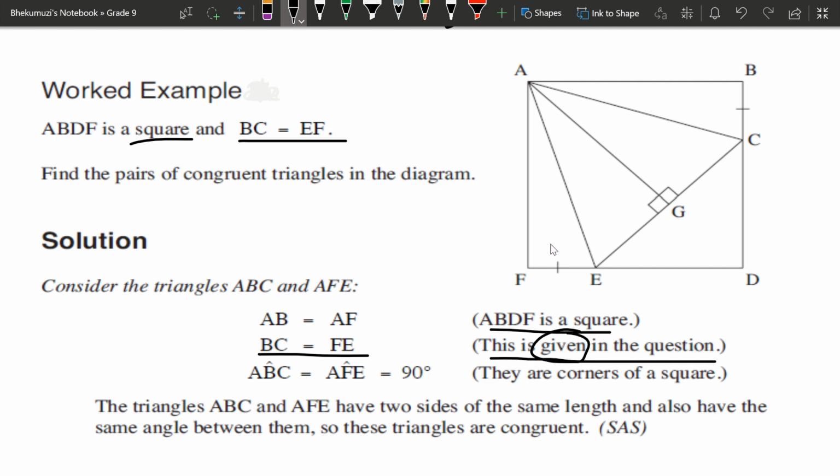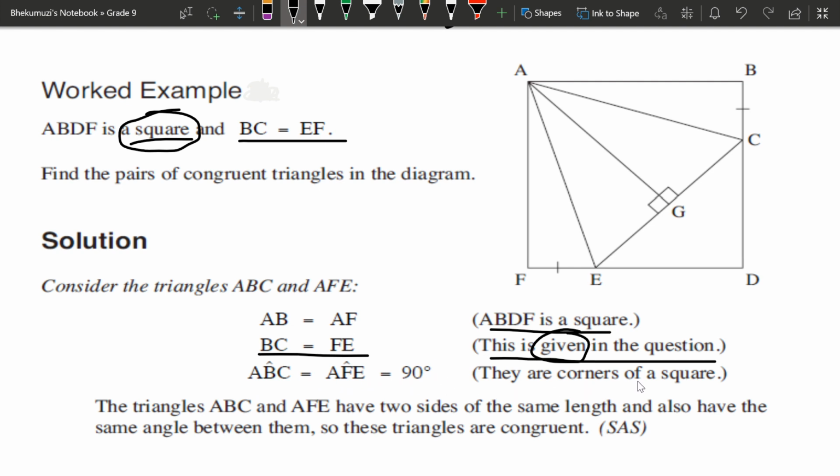And then you also have what? One of the properties of a square is that all the angles on the corners are 90 degrees, right? So basically this means it has a right angle, right? So if it has a right angle, then what does that mean? It means that angle ABC is equal to angle AFE, which is 90 degrees.